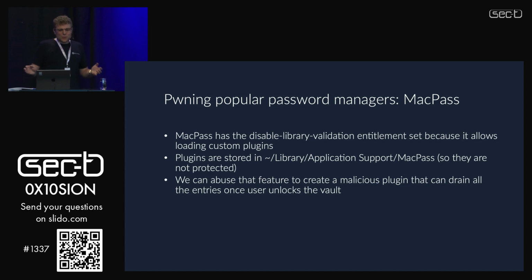But why, in general, did MacPass disable library validation? Because it allows loading custom plugins. For example, you want to unlock your password manager with your Face ID or Touch ID, so there must be a plugin functionality that allows implementing new functionalities in MacPass. And plugins are stored in Library Application Support MacPass, so they are not protected.